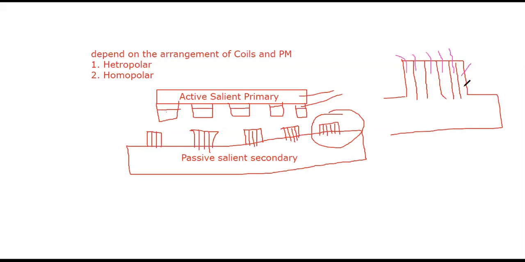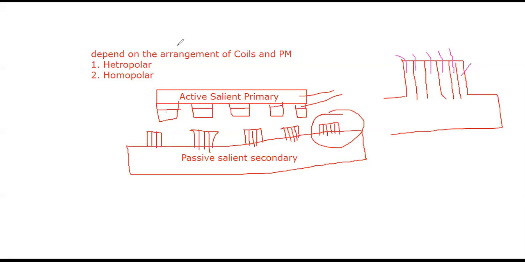Right? So the adjacent layer of the salient pole of the secondary, that is the passive secondary, is made up of two different types of material. Only the saliency, not the back end of the secondary. The saliency is made up of one ferromagnetic material and another non-ferromagnetic material.